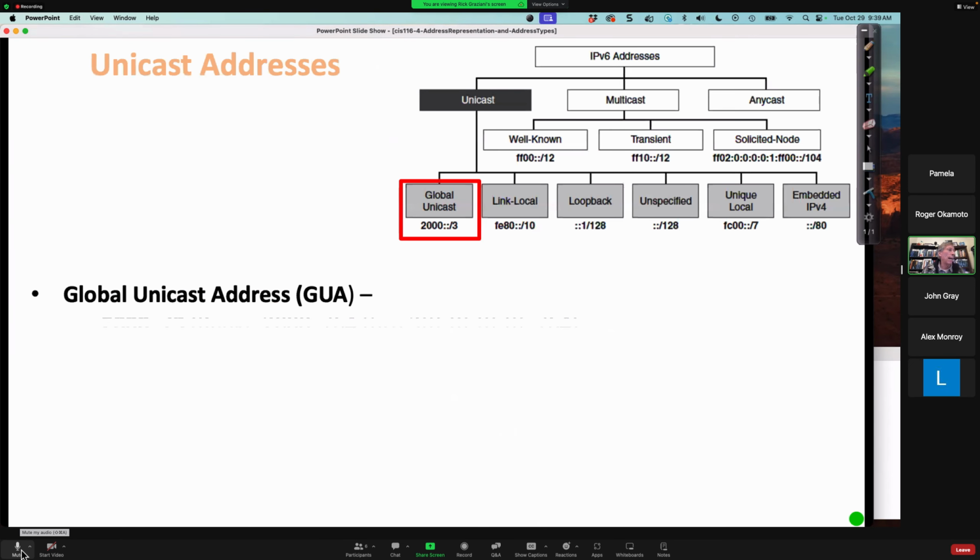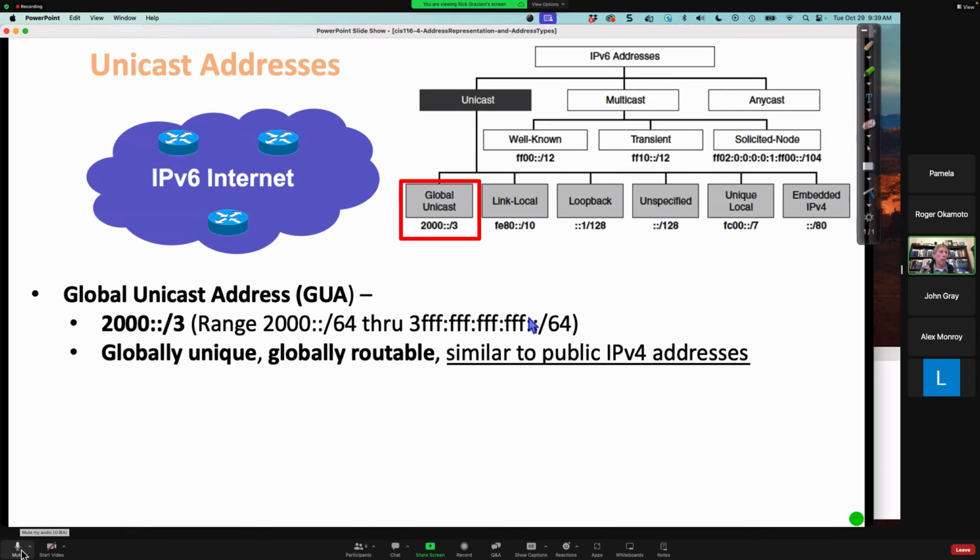So unicast address. Let's talk a little bit about the global unicast address. The global unicast address is any address that begins with a 2 or a 3 in the first number. We'll see why in a moment. It's actually because the first 3 bits start with 001.